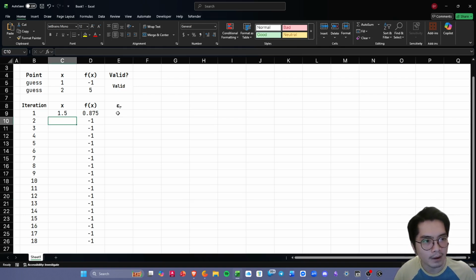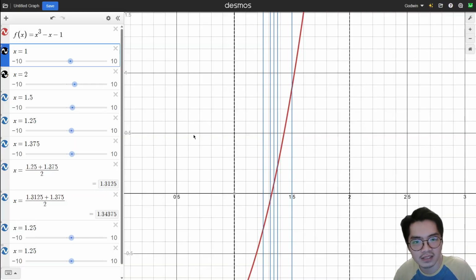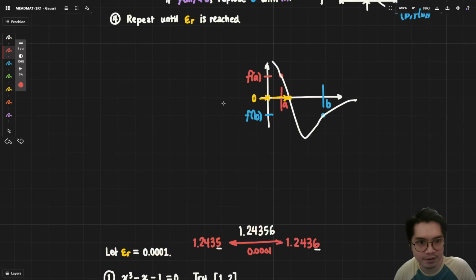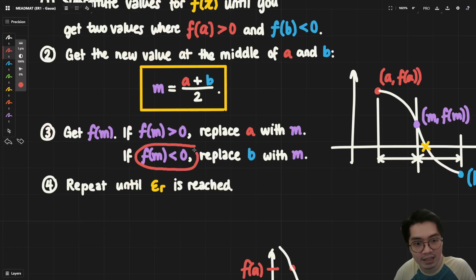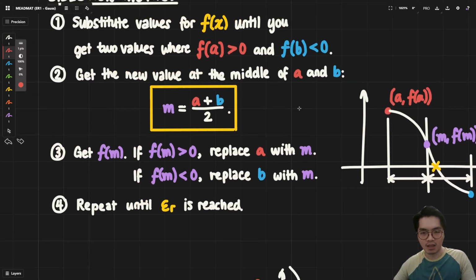How will we choose the next value of our iteration in here? Well, what we're going to do now is set up an if statement such that if this is positive, you replace the positive number. If this is negative, replace it with the negative number.